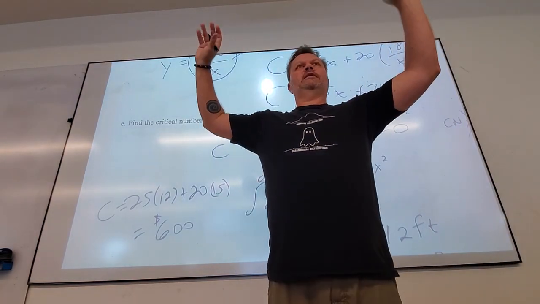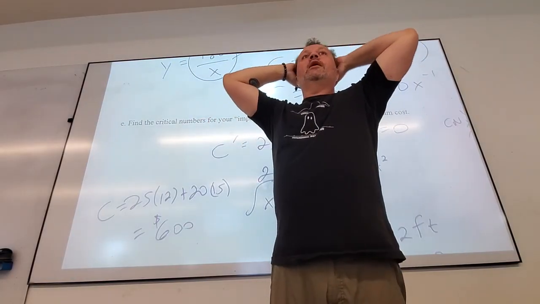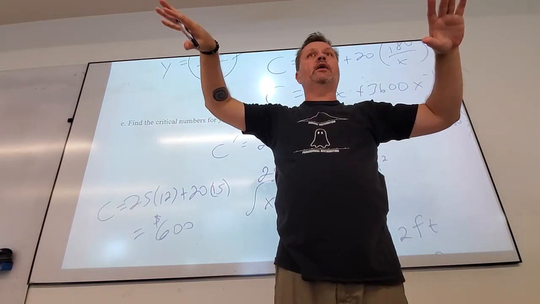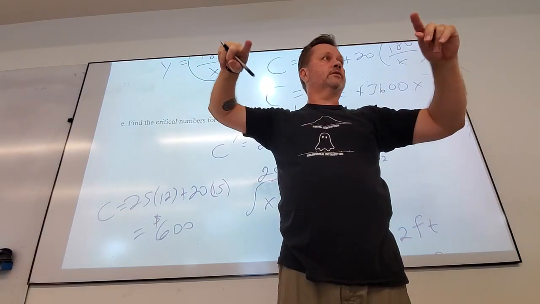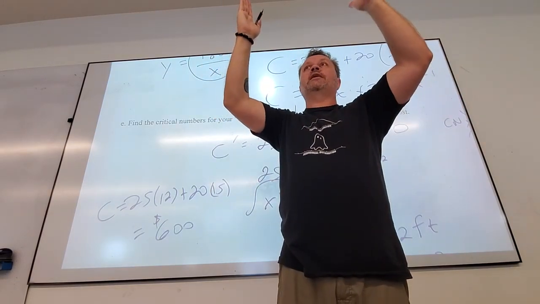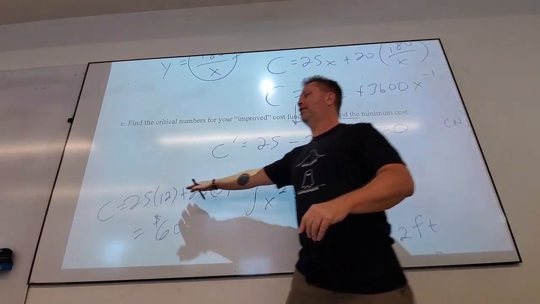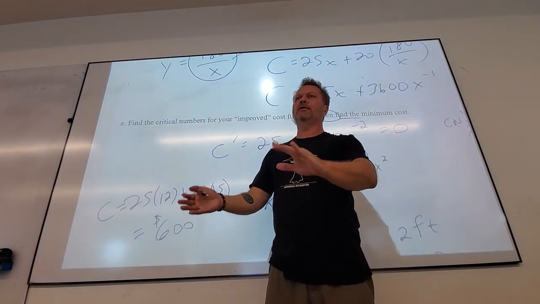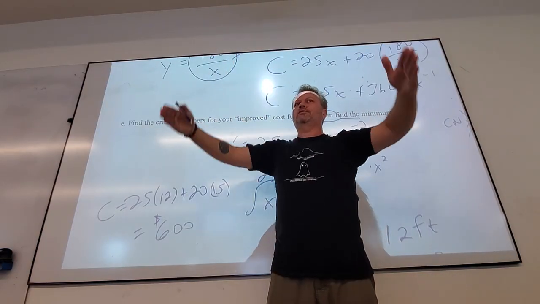And just to push my luck, you guys remember I said if you have a 4-sided figure, it should come out to be a square? You guys all understand why this was not a square? Because there's a cost involved. So of course I had to make one of the sides shorter so the overall cost was less. But what's the total cost? I don't know if you guys are going to be with me or not. The total cost this way is 300, and the total cost this way is 300.